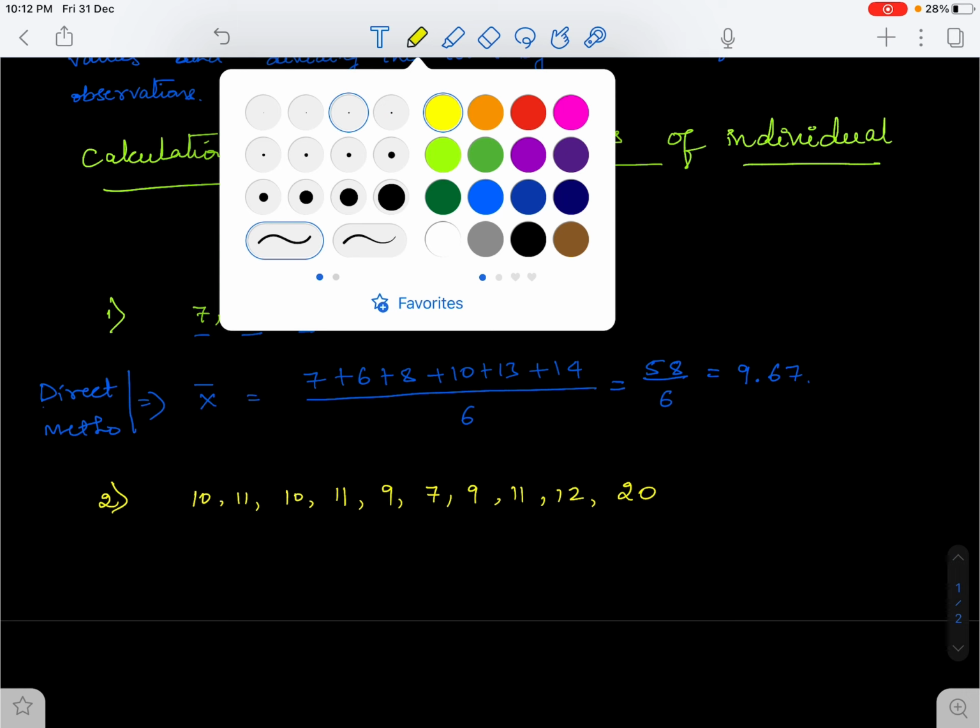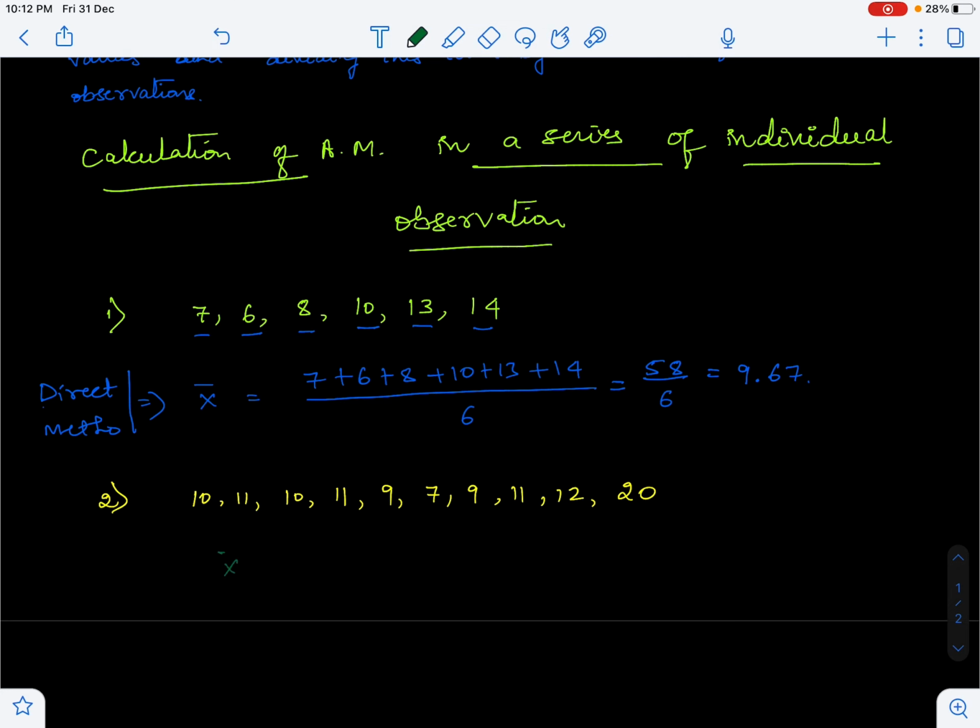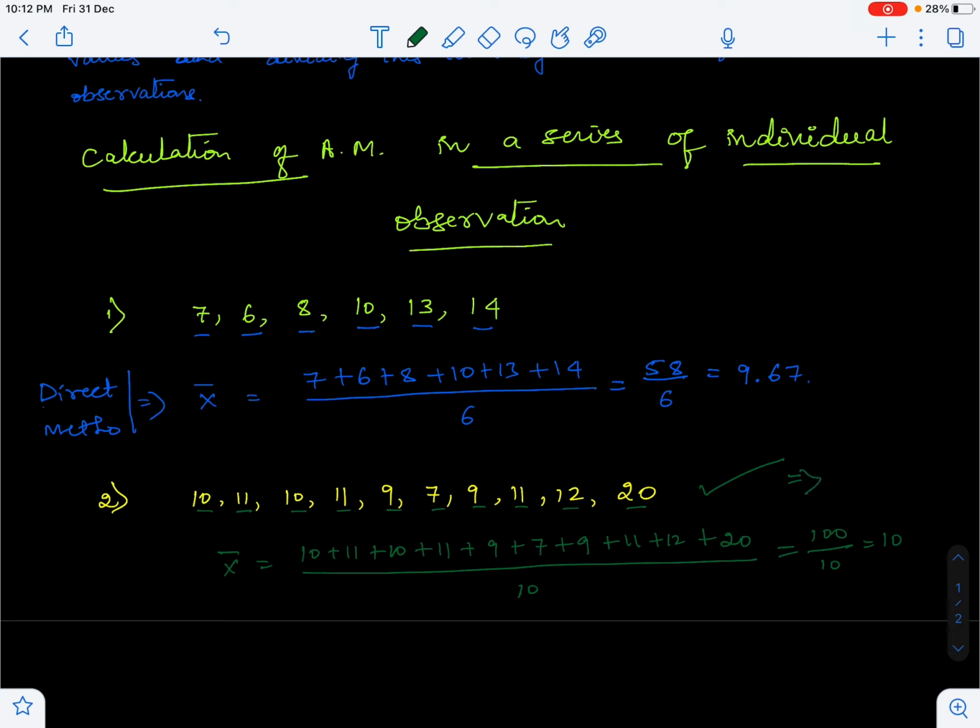If we use the direct method, we take the sum of all these observations, 10 plus 11 plus 10 plus 11 plus 9 plus 7 plus 9 plus 11 plus 12 plus 20, divided by the total number of observations, 1 2 3 4 5 6 7 8 9 10. So this sums up to 100 divided by 10 equals 10. Therefore the arithmetic mean of this observation is 10.